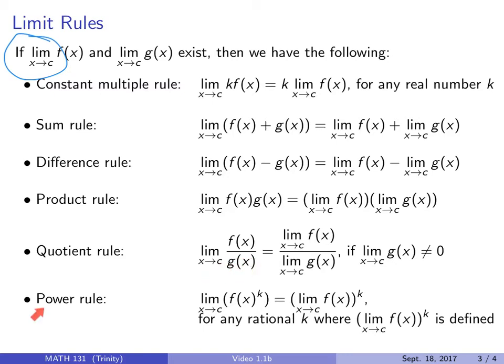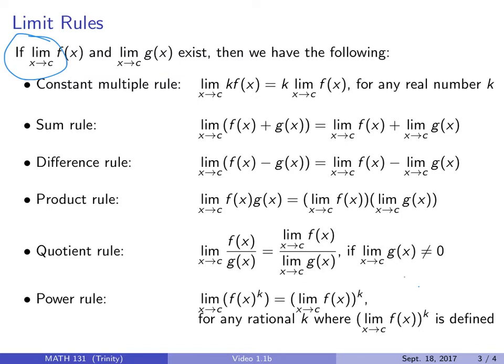The last rule is the power rule, which says that if I take a function to a power k, where k is a rational number, the limit of that is the same as first taking the limit of f of x and then taking that limit to the power of k. The extra constraint is that when I take the limit as x approaches c of f of x and raise it to the k, that number has to be defined.